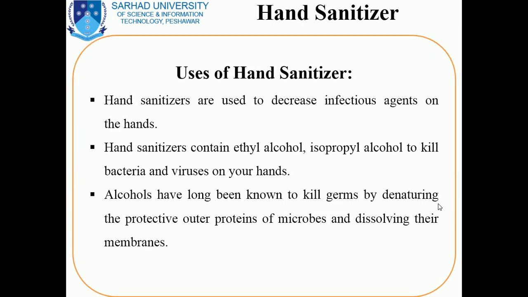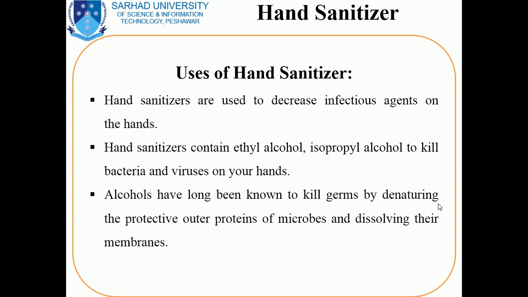The last one is the uses of hand sanitizer. Hand sanitizers are widely used in the current situation of COVID-19 to decrease infectious agents on the skin and hands. Hand sanitizers contain ethyl alcohol or isopropyl alcohol to kill bacteria and viruses on your hands.